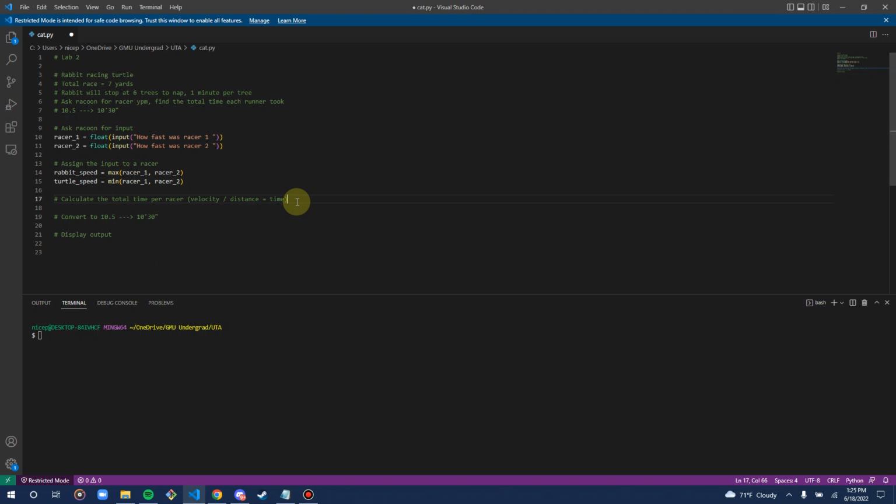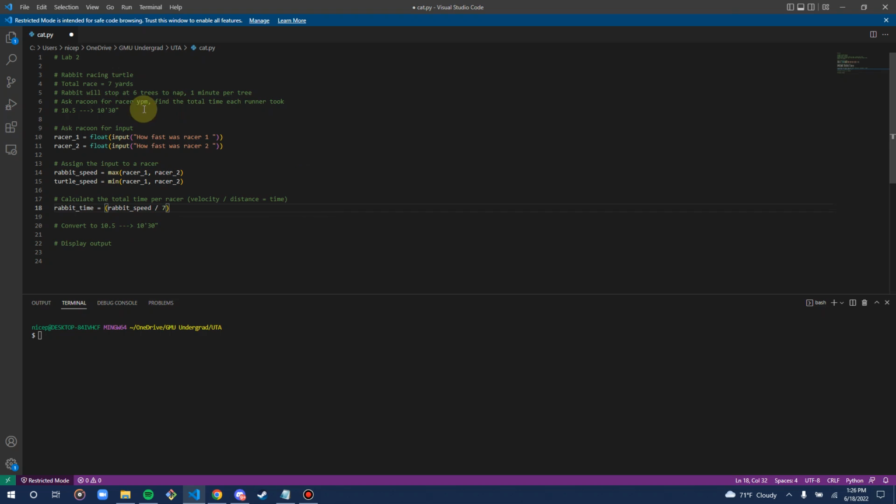I keep saying lastly, but it's not lastly yet. Calculate the total time per racer using this formula here, and we have both velocity and distance. So I'm going to first calculate the rabbit time. Rabbit time equals velocity divided by distance. The velocity is going to be rabbit speed divided by 7.